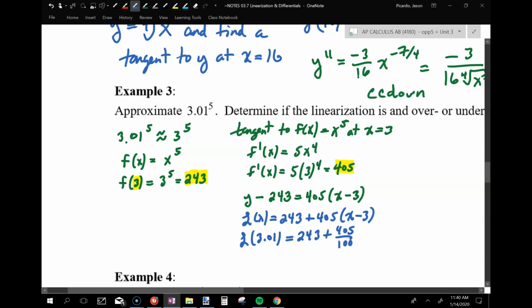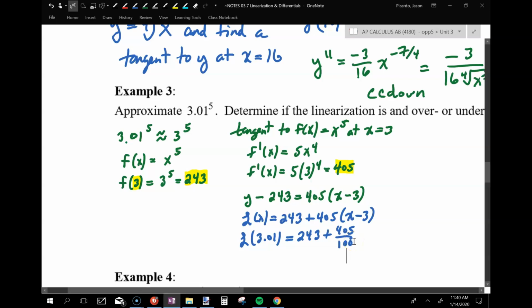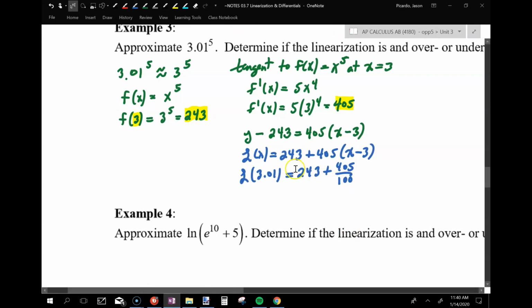And isn't that a mixed number? So if I want to create an improper fraction, I could take 100, multiply it by that, and then add 405 to it. Agreed? I could do that, right? What do I get? I get 24,300 plus 405.